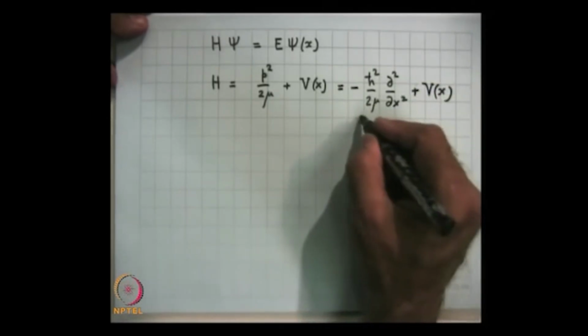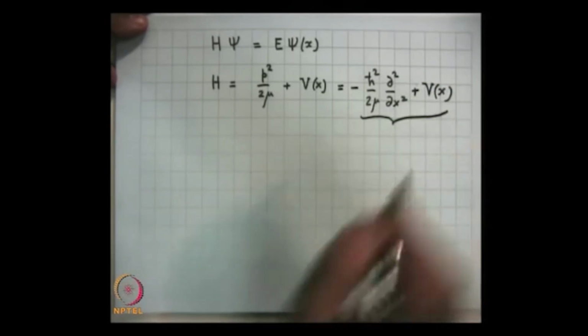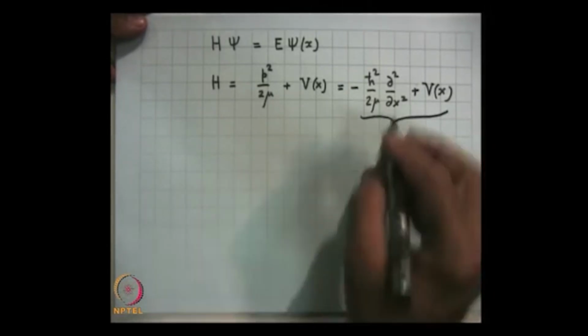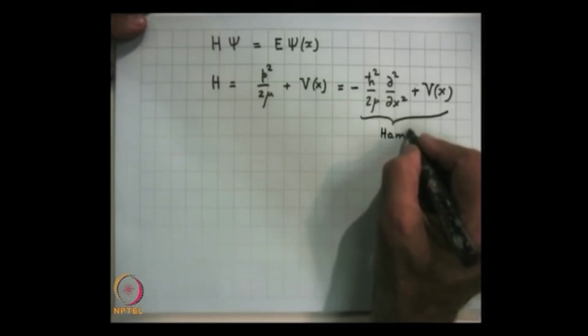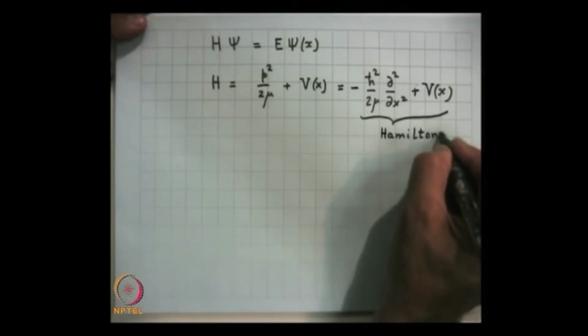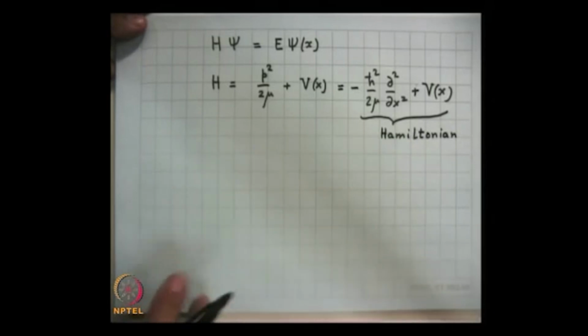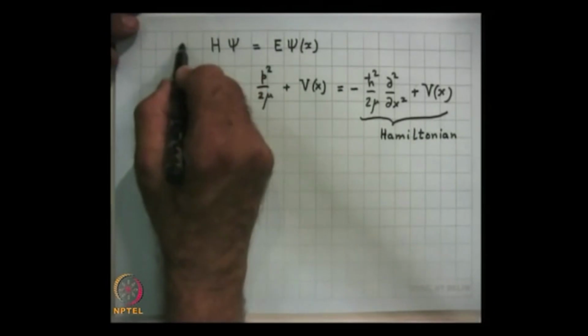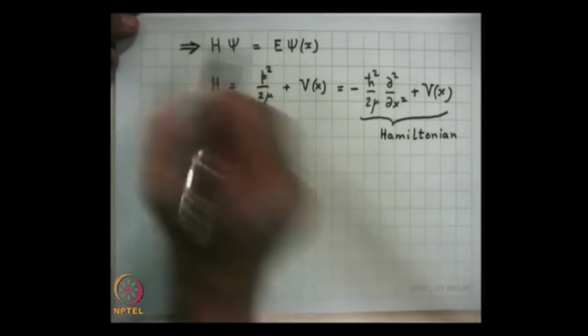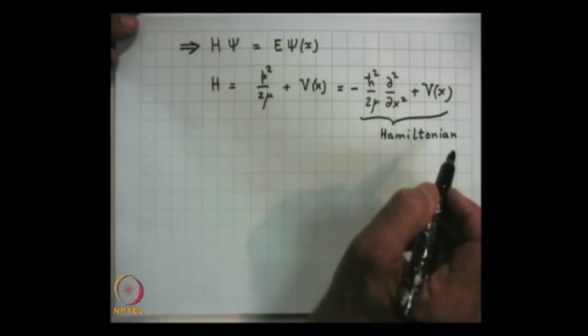This operator representation for the total energy is known as the Hamiltonian of the system. So, the time independent Schrodinger equation is written as an eigenvalue equation.